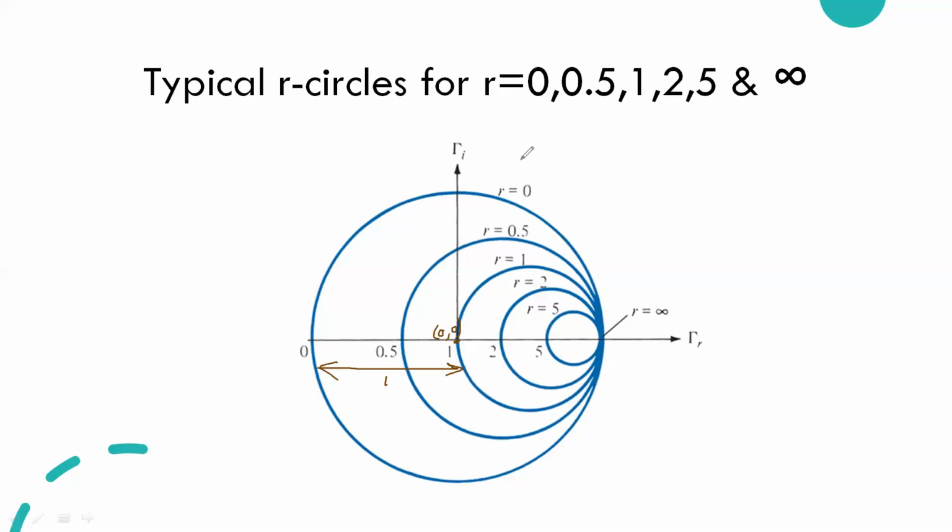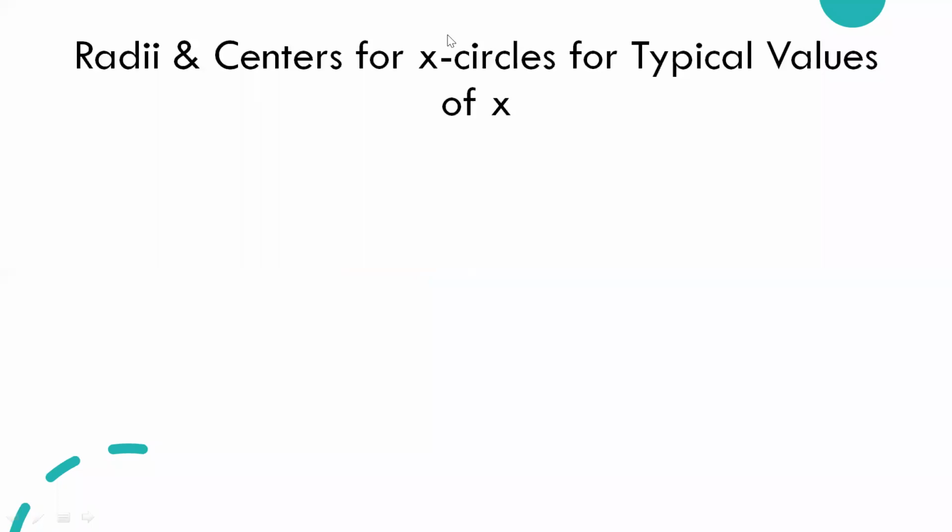In a similar way, if we go for the x circle equation, which was shown in the previous slide, we are going to see other kinds of radius and centers. Similarly for x circles, with normalized value x, your radius is 1 by x and your center is 1 comma 1 by x.